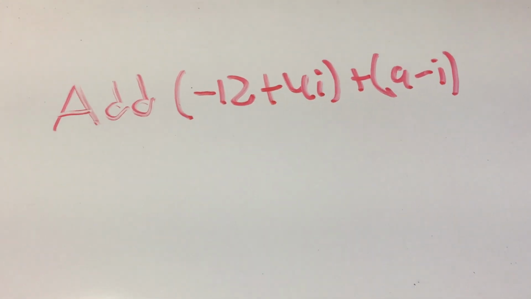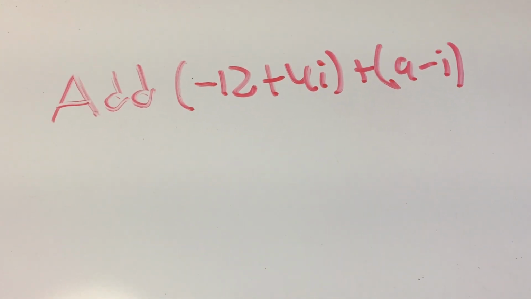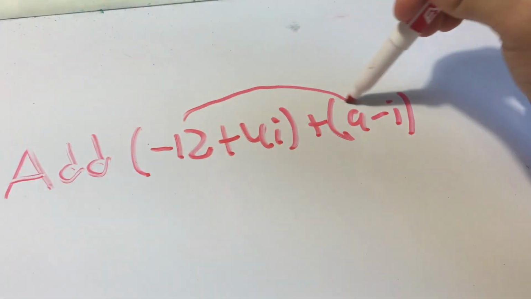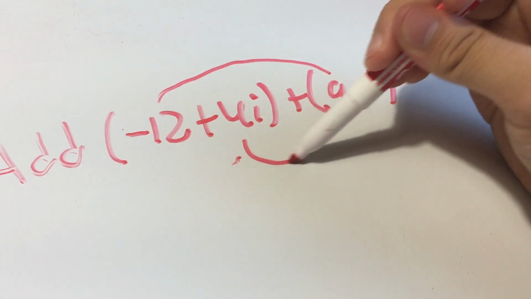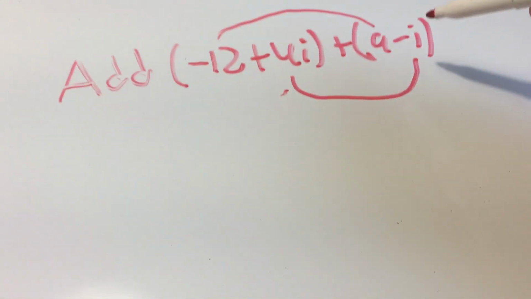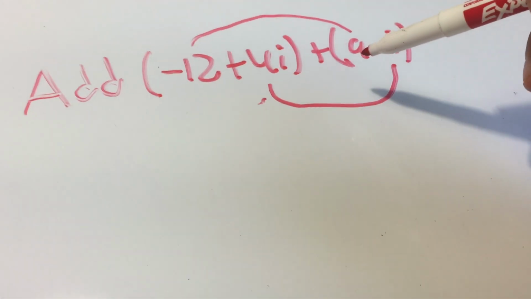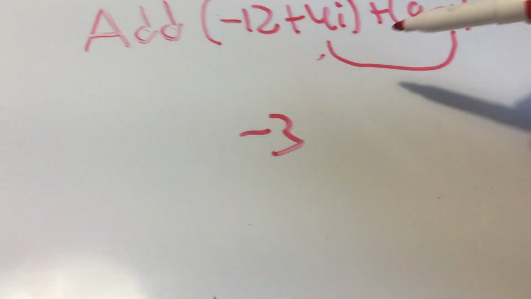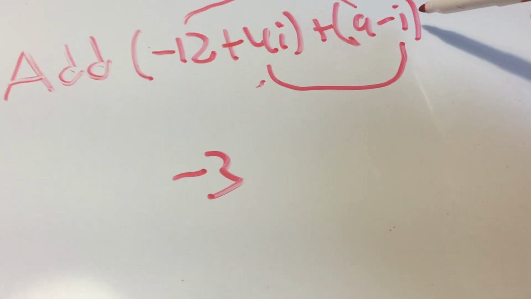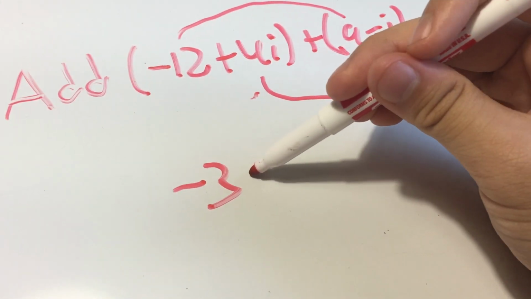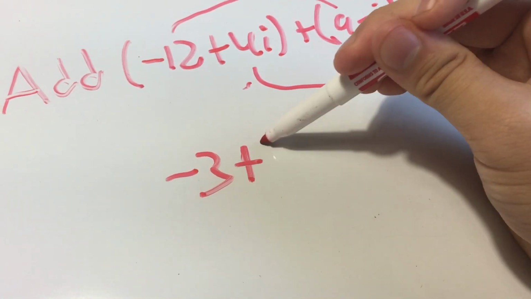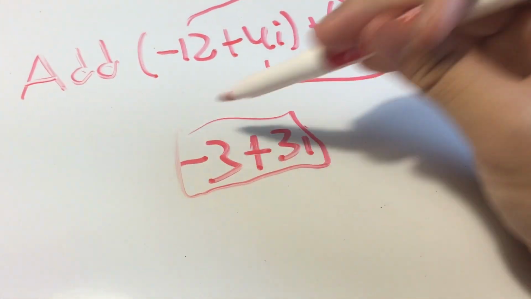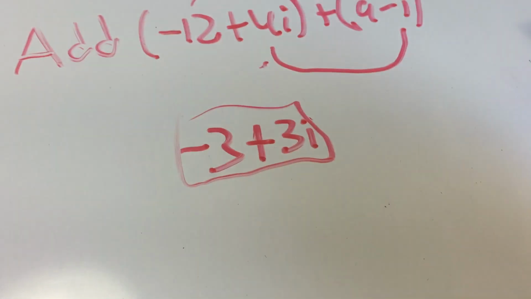Well, we can do combining like terms. Like 12 and 9, 4i and i. So -12 plus 9 will give you -3. 4i plus -i will give you plus 3i. And that's the answer.